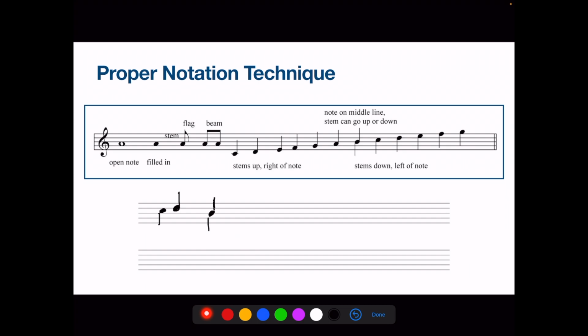But if the note head is here, or here, or here, if it's above the middle line, the stem, most of the time, okay, this is not a hard rule, but this just keeps it neat and tidy, would point down. All right, and if the note head goes below the middle line, then the stem would point up.